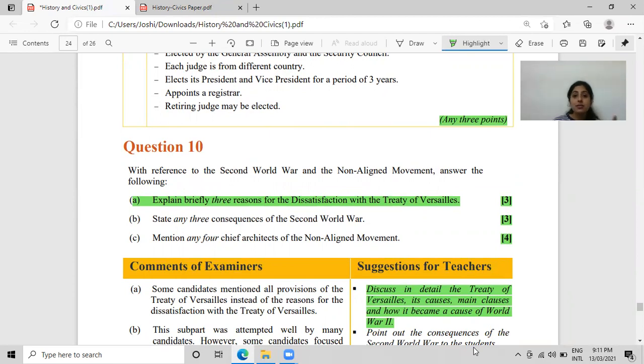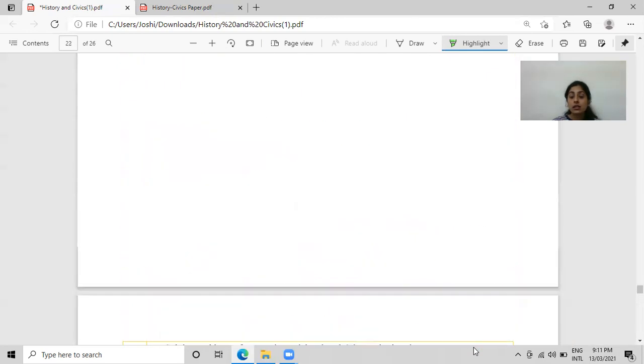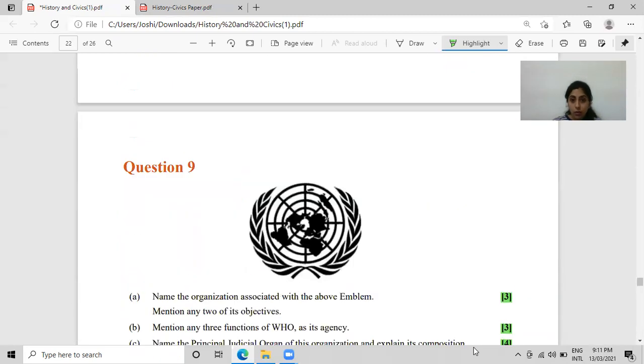So question number 6, 7, 8 and 10 are similar, students, where three sub questions are asked for 3 or 4 marks each. But question number 9 over here is asked as a different question.